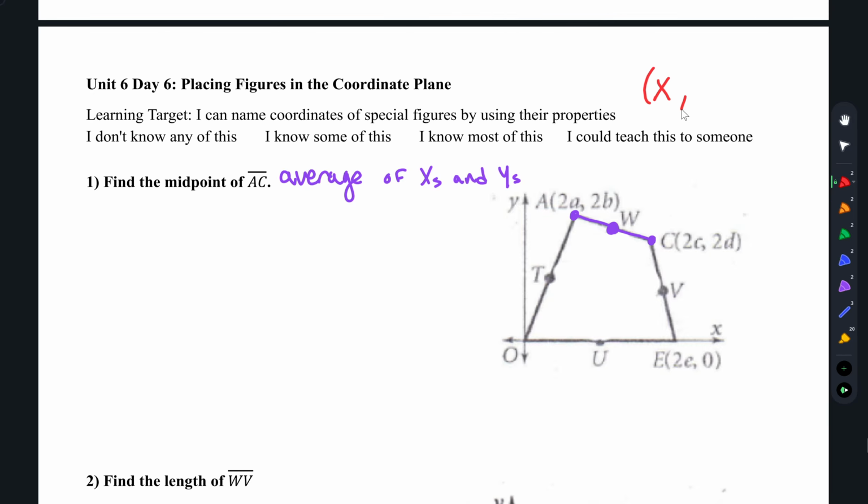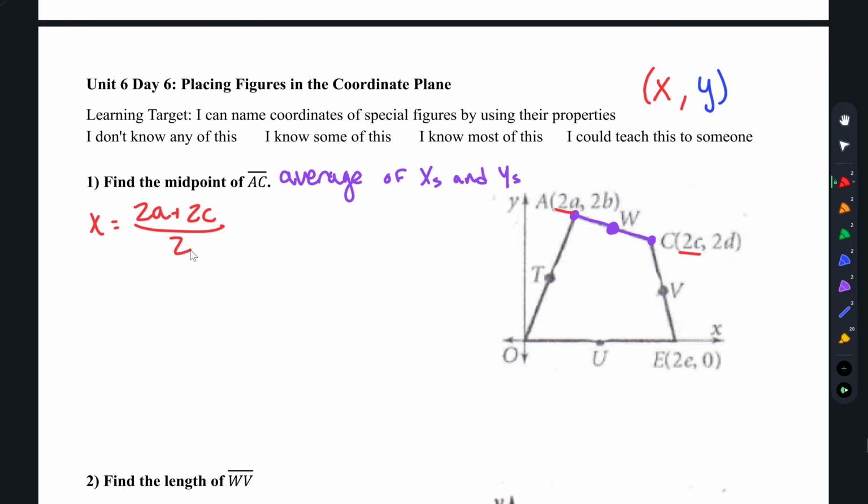I'm going to represent x in red and y in blue. So for the x's, the average of my x's, which gets me the x value of point W, is 2a plus 2c over 2. That's how I find the average of something, right?